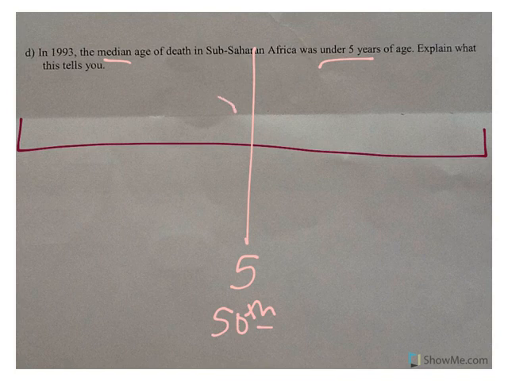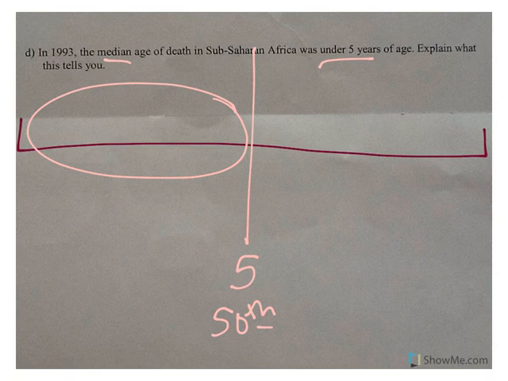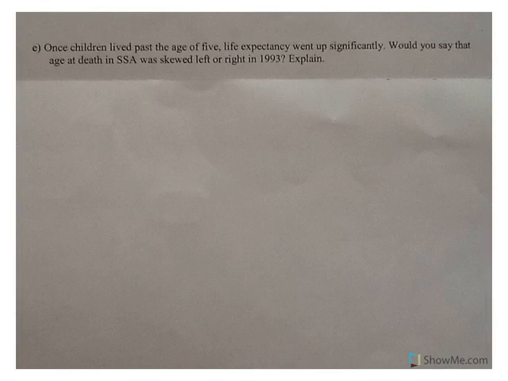What does it mean? It means half of the people who died in 1993 were under 5 years old. So, if 10,000 people died that year, 5,000 of them were kids under the age of 5, right? That is sad. Kids who never got a chance to grow up. So median is our 50th percentile. So half of the people who died in Sub-Saharan Africa in 1993 were under 5 years old.